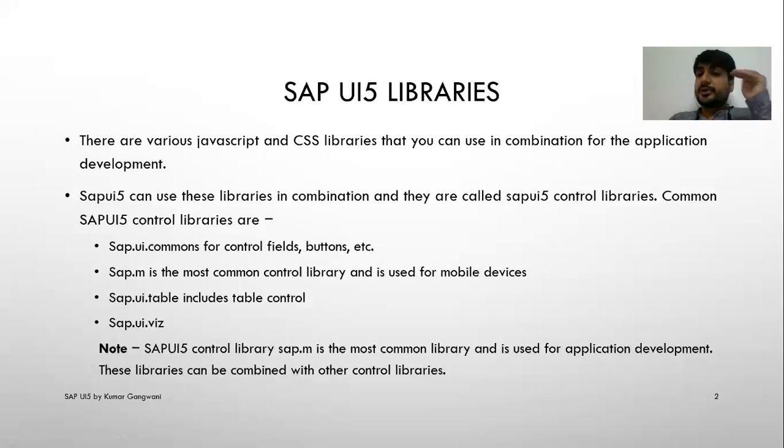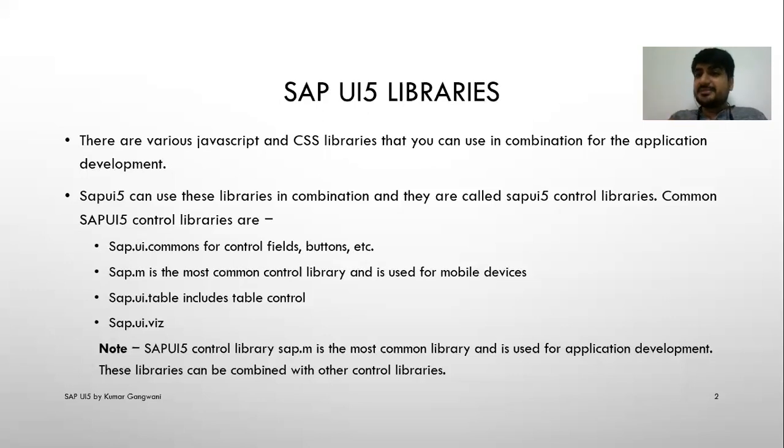And sap.ui.table, whenever it is UI, it's for laptop or desktop. Make that very clear. A UI library, if you try to use it in your application, may or may not work nicely in a mobile app. But a mobile library will work nicely in mobile as well as on laptop and desktop.